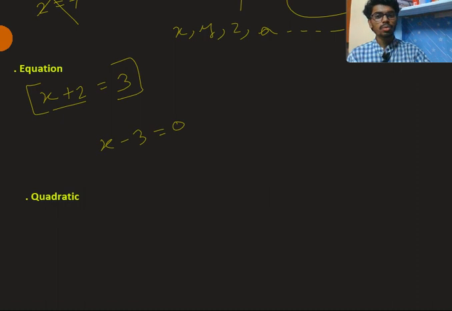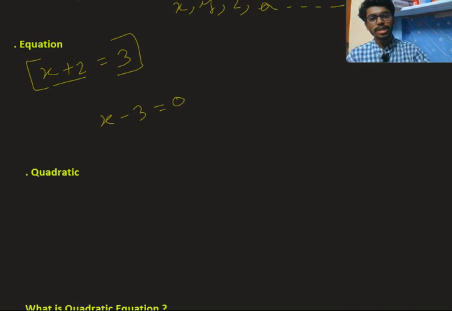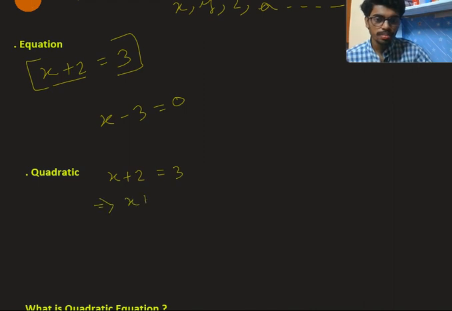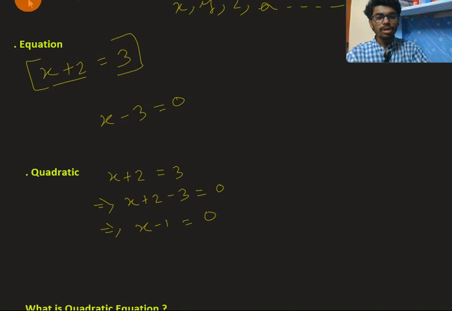Now what is quadratic? Now you see that in the above equation, x plus 2 is equal to 3, we can write it as x plus 2 minus 3 is equal to 0, or x minus 1 is equal to 0. So here what is the power of x?